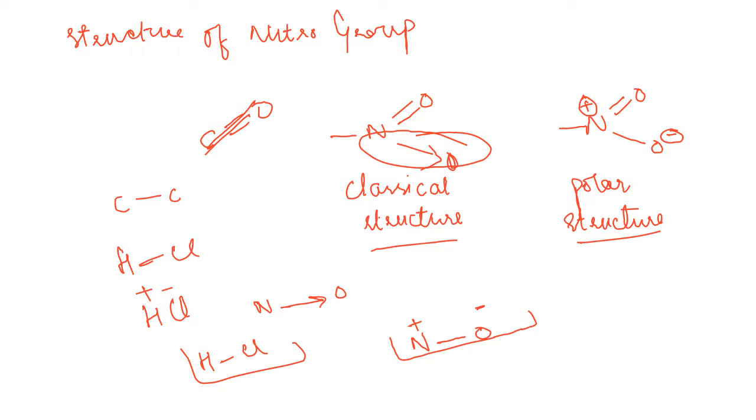Yes, please tell me. In ionic, there is partial positive and negative character. And in coordinate bond, there is full positive and negative character. In coordinate bond, there is no partial.